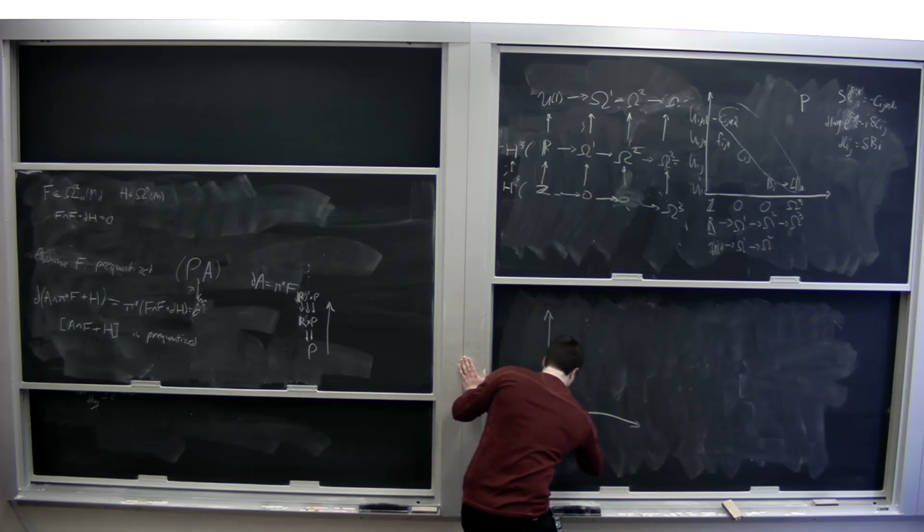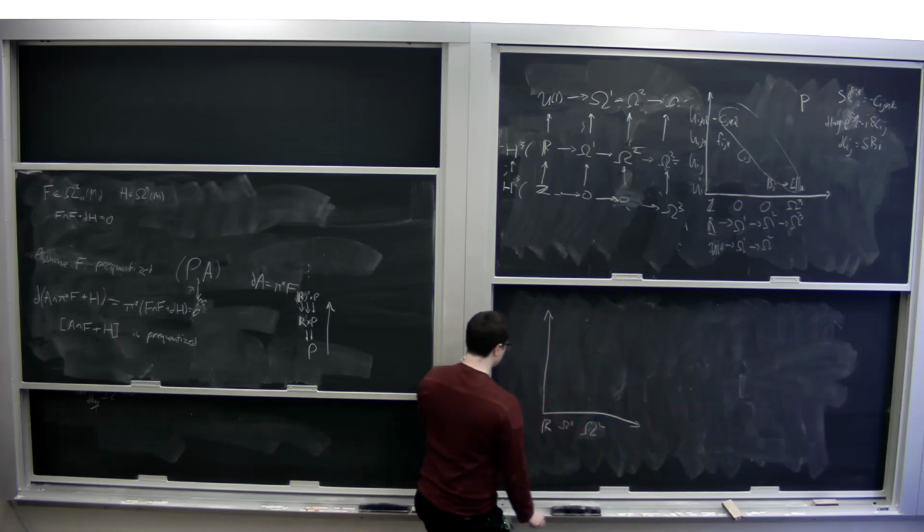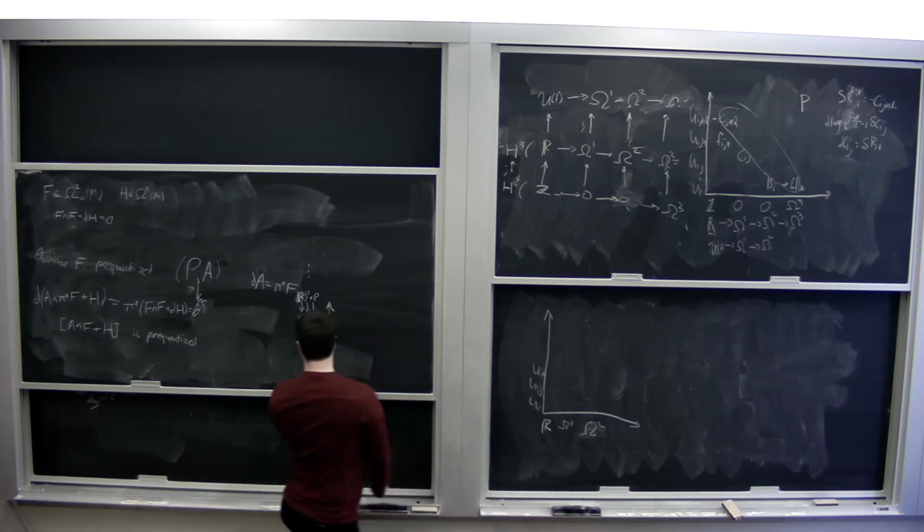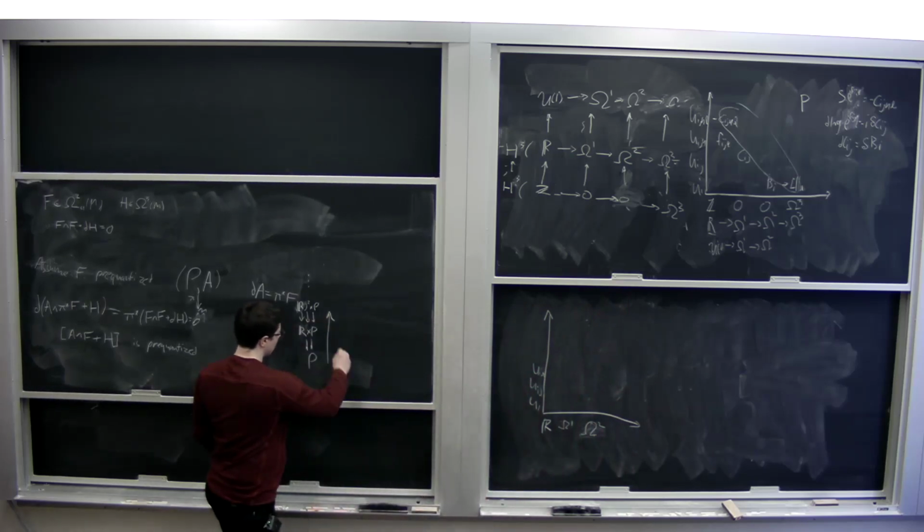It's R, omega 1, omega 2, and then U_i, U_ij, U_ijk. I forgot to say it here, but this complex has a differential I'm going to call delta_R.